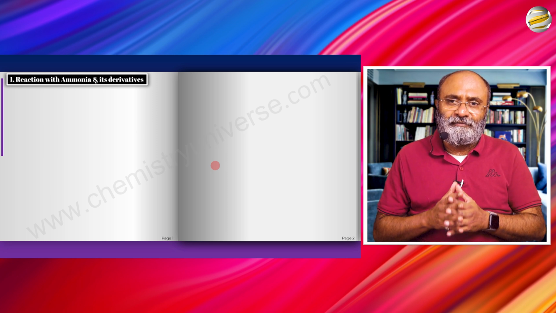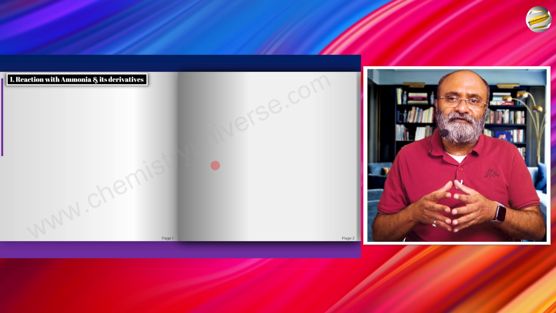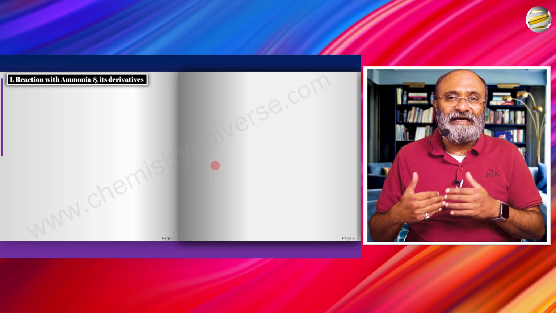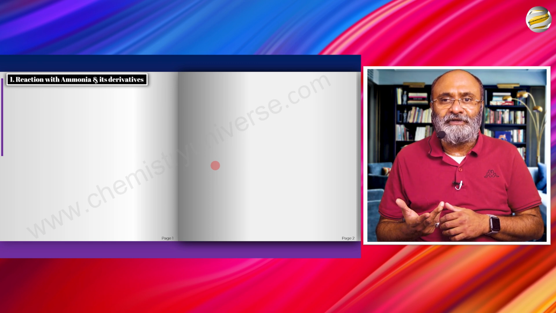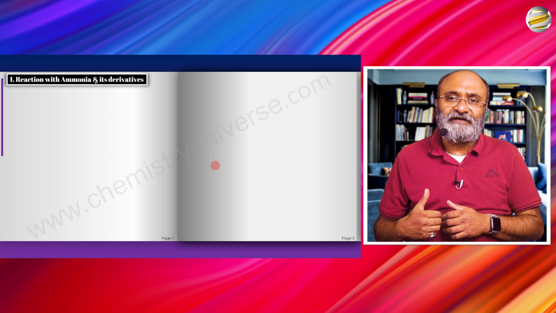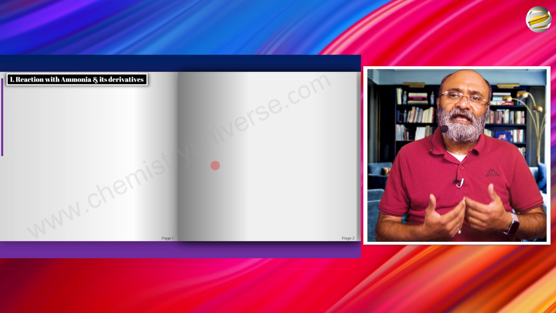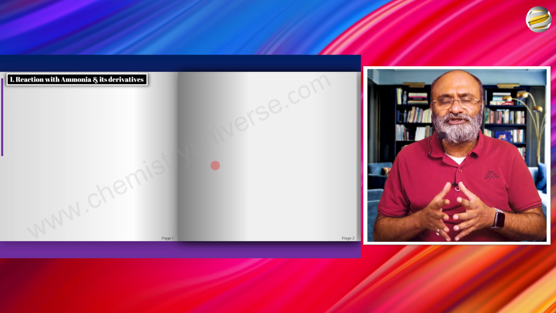Now, the methylamine formed is actually more reactive or more nucleophilic than ammonia itself. So this methylamine will further react with CH3X and form a dimethylamine, which in fact is more reactive than even the methylamine because of the greater plus I effect of CH3, and that makes it more nucleophilic. And you will get a tertiary amine, and eventually you will get a quaternary ammonium salt. And I'll just show you how this happens.